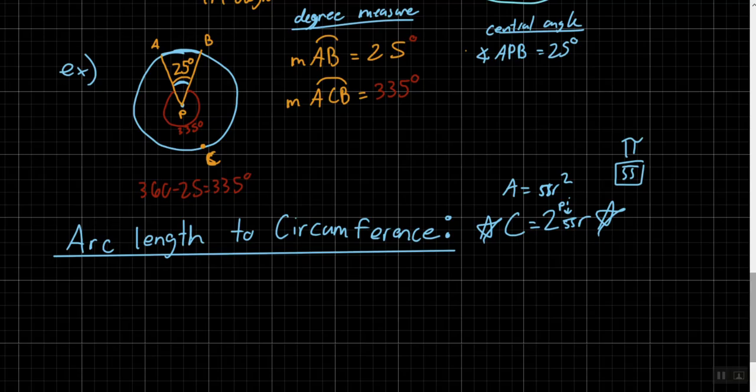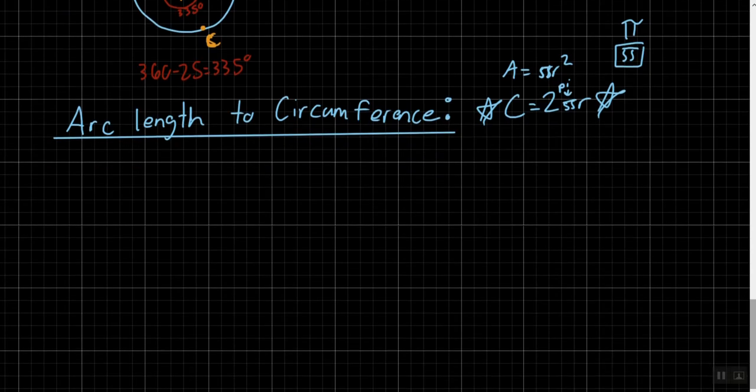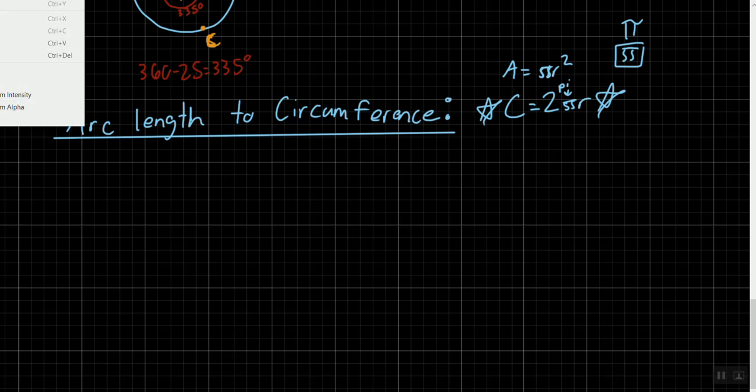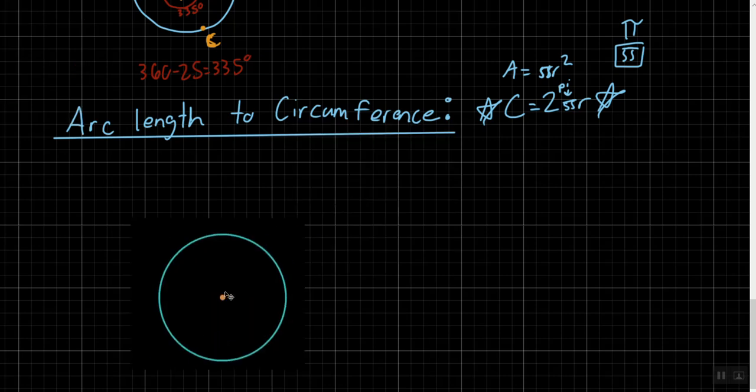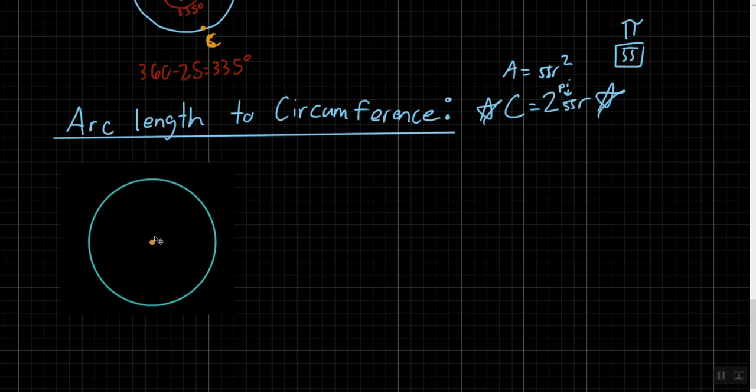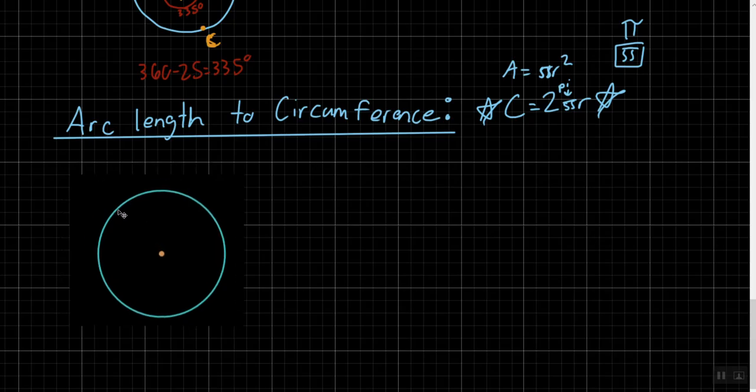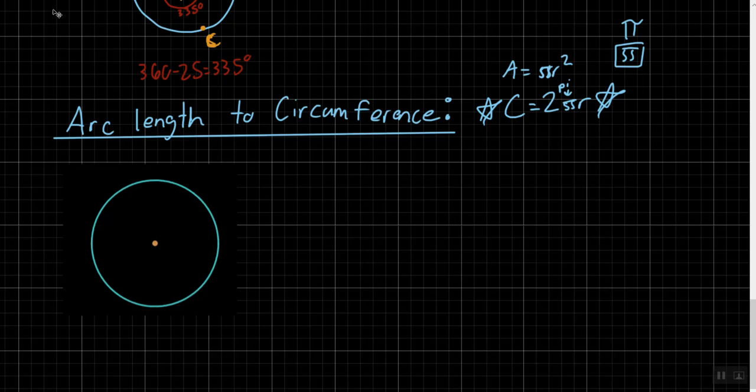We're talking about circumference, arc length to circumference. So we're going to draw another circle. We're going to have so many of these on your page. Here is my circle. From my center, I'm going to draw my radius, and I'm going to draw 2 of them so I can get my angle.